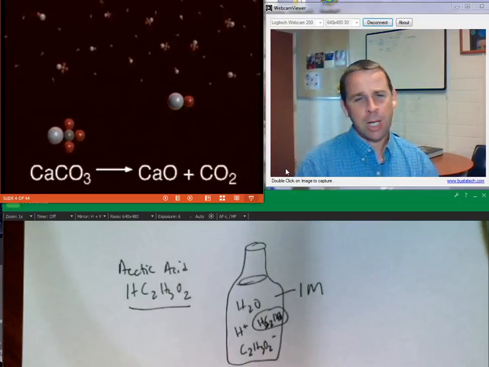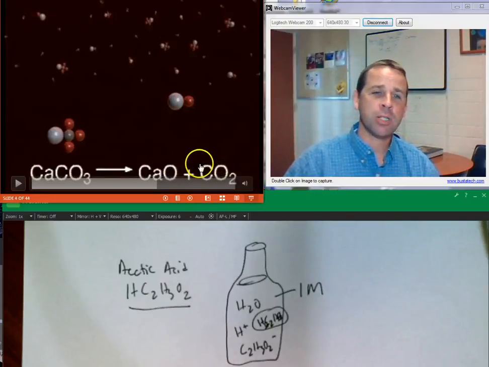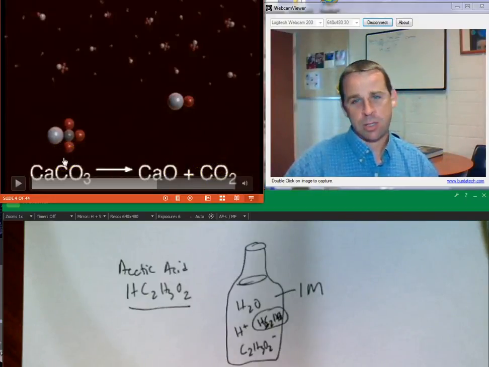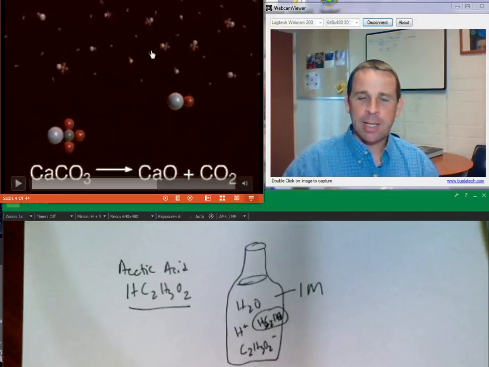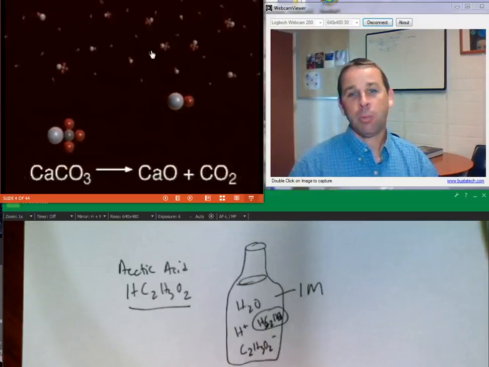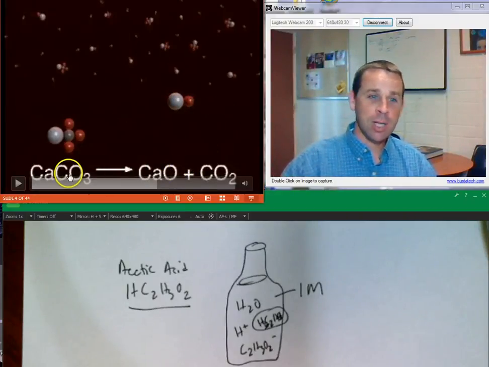So if we don't have any carbon dioxide, or if we have very little amount, then the rate of this reaction going to the left decreases. All right? And so by opening up the container and letting out the carbon dioxide, then we slow down the rate at which the reaction can head to the left.